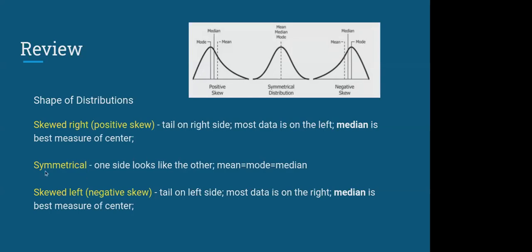If the graph is symmetrical, that means one side looks like the other. The graph has literally been split in half, and the mean, the mode, and the median are the same.